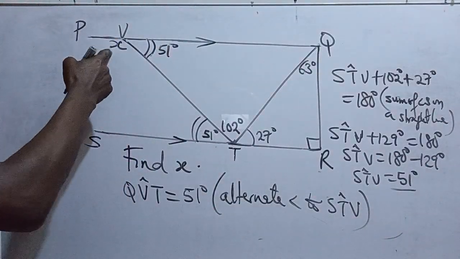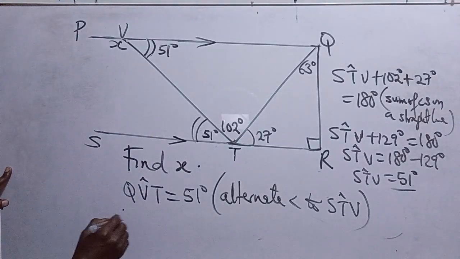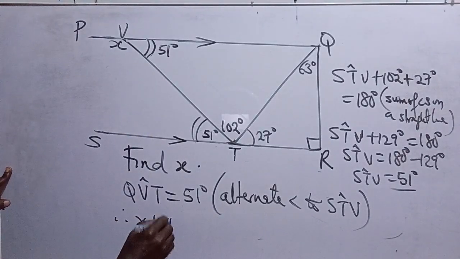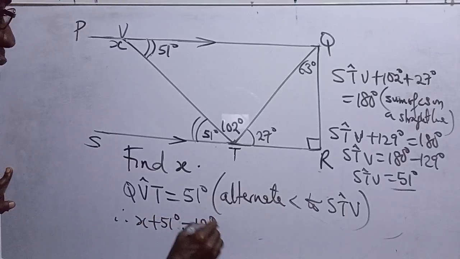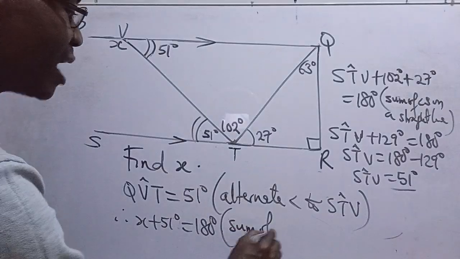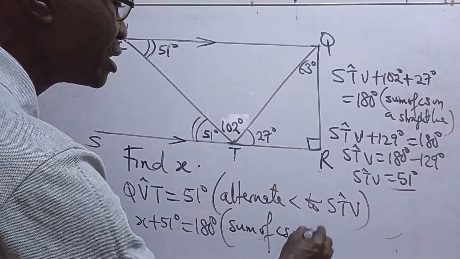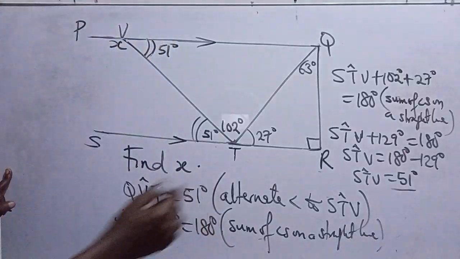Since x is on a straight line with 51 degrees, x plus 51 degrees will be equal to 180 degrees. The reason is the sum of angles on a straight line.